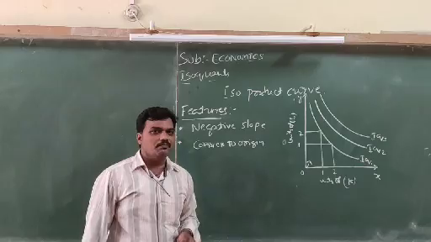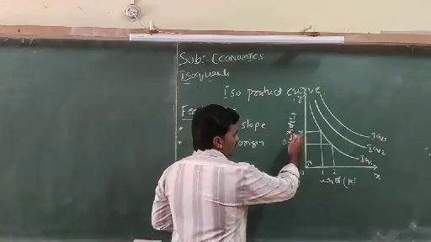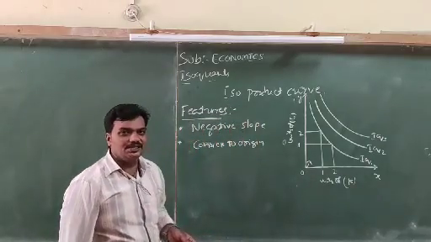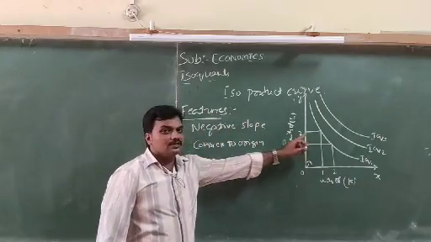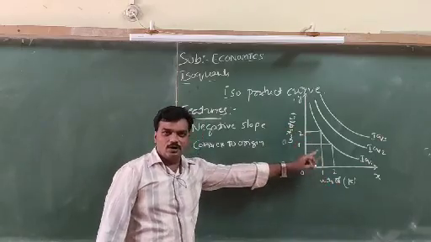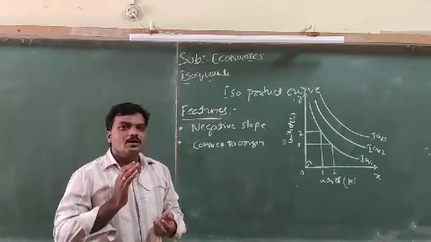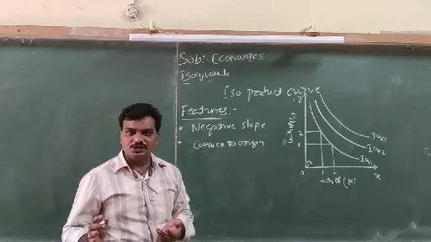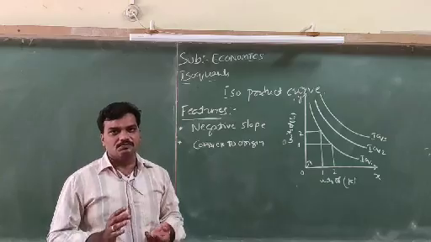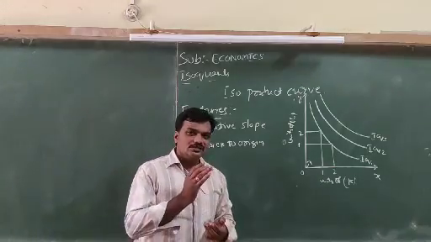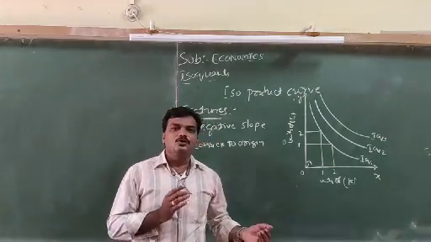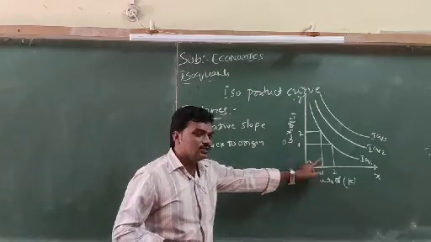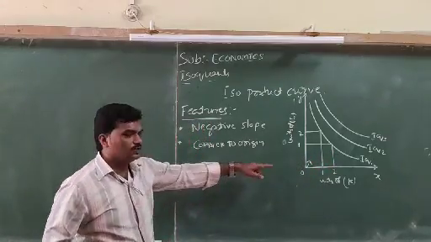As the combinations of two inputs change, it slopes downwards. When the producer moves from one combination to another, he must sacrifice some units of one factor to increase the units of another factor of production. That's why it is convex to the origin.